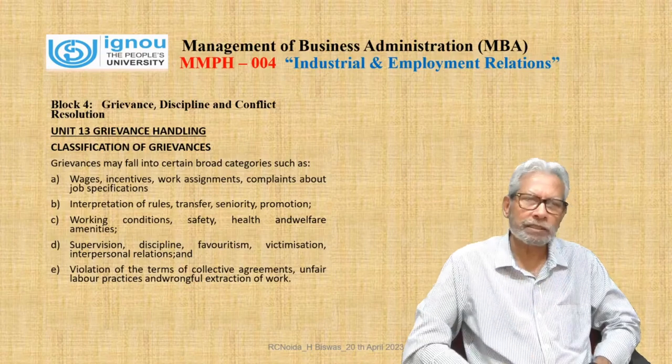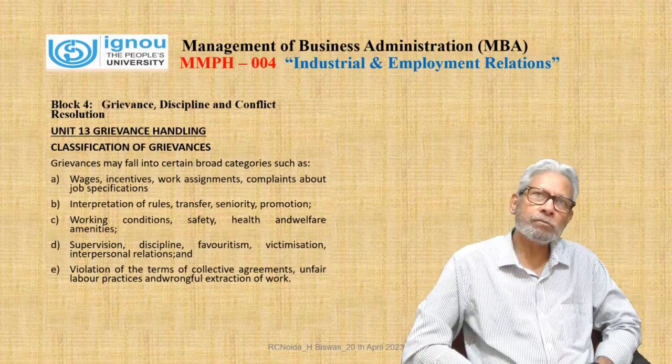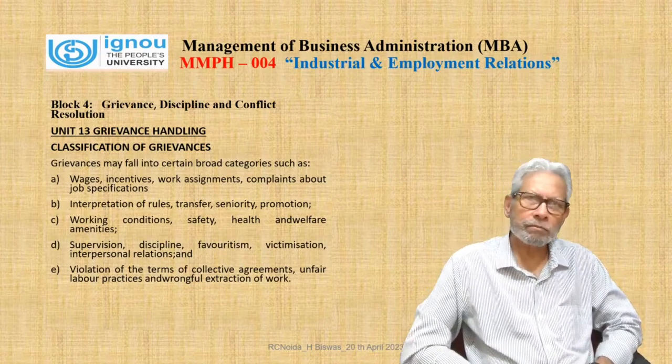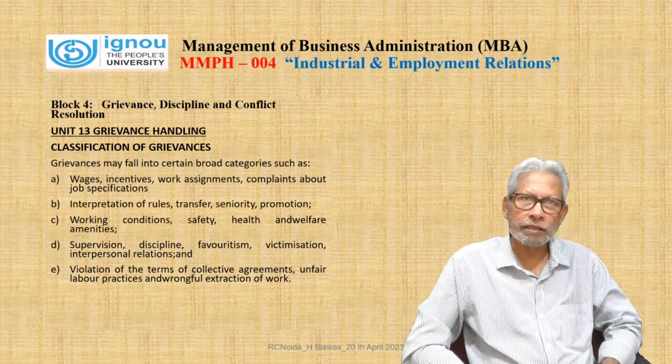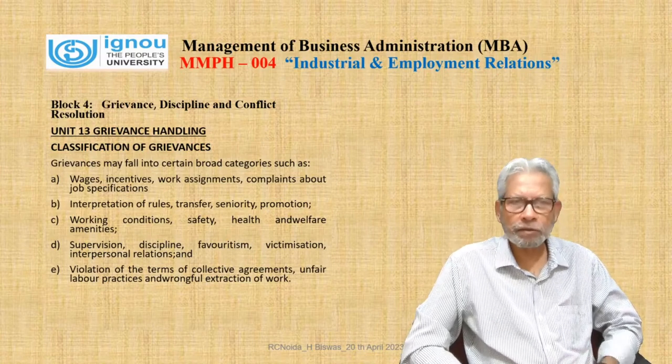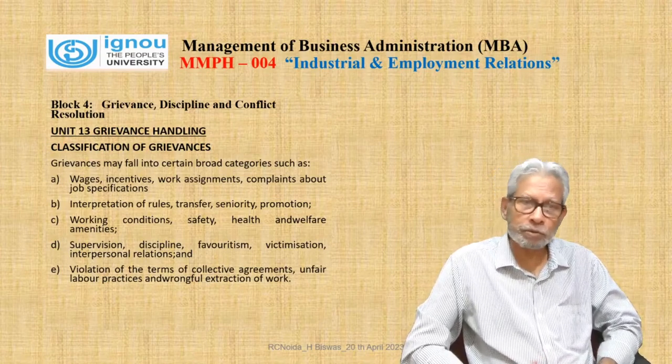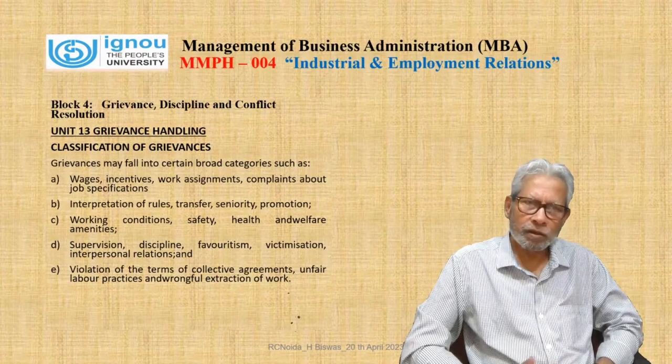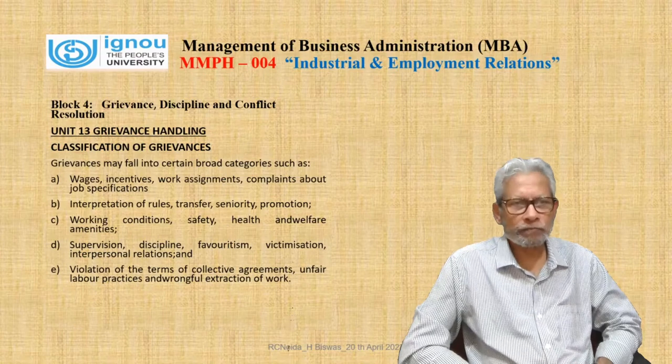Still some ambiguities are there, not as transparent as it was said. Like this: transfer policies, seniority, promotions. This is one of the categories where most of the grievance cases come, because of interpretation problems.